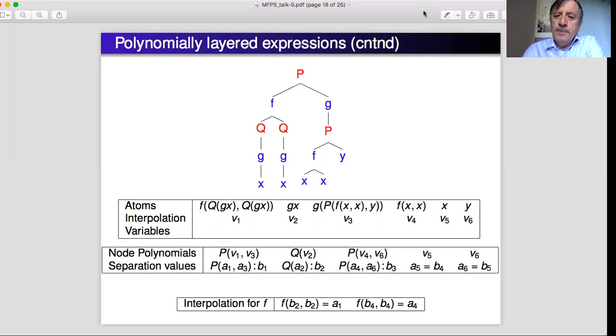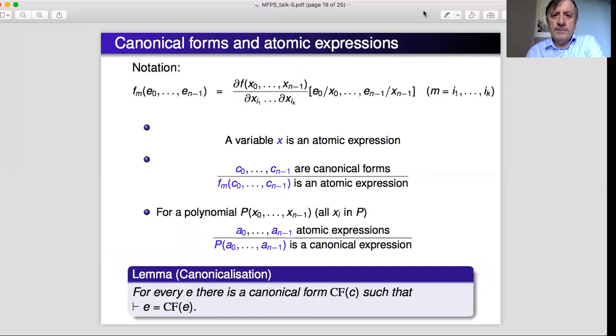Once we know them, we know how to get a polynomial. So p has the f, which is assigned variable v1, and the g thing, which is assigned variable v3, so we look at the polynomial p of v1, v3. We get all our nodes or interpolation polynomials that way, and that gives us the polynomial differentiation problem we have to solve. And off we go, we solve it, we get interpolation conditions, and that's how we do things.